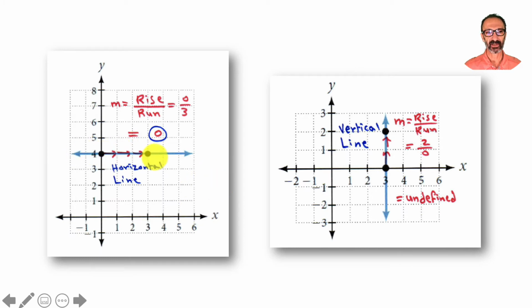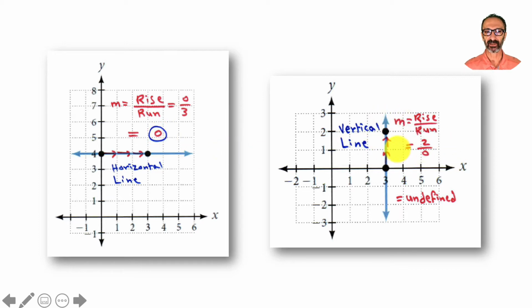For a horizontal line, as another example, you're moving 1, 2, 3 for the run, and there is no change in y, so there is no rise, or the rise is 0. 0 over 3 is 0.